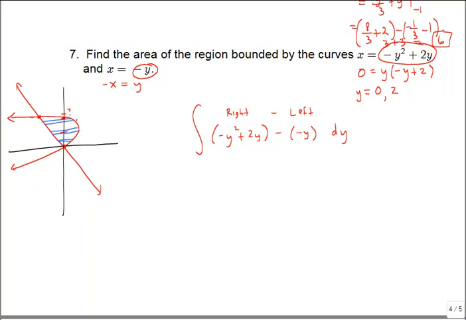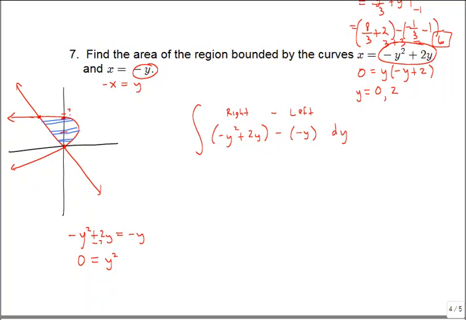So to find out what the intersection points are, we're just going to set this x equals equation equal to this x equals equation. So we're going to set the negative y squared plus 2y equal to the negative y. And I don't like having a leading negative term, so I'm going to go ahead and add the y squared over to the right side to make it positive.